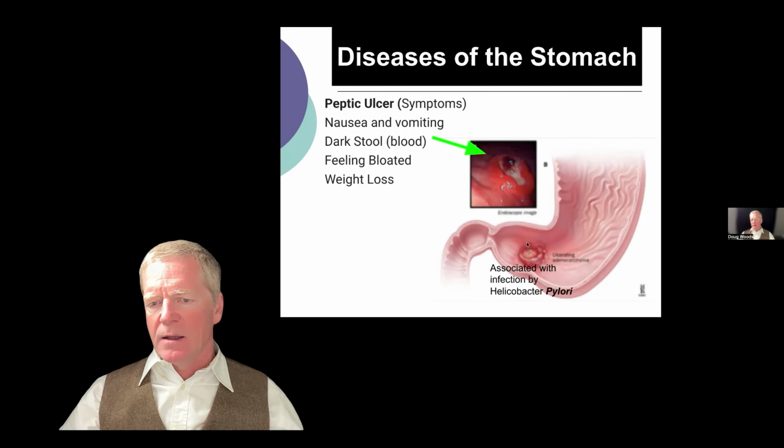And then as that blood goes through the gastrointestinal tract, it goes from red to black as it oxidizes, and that'll show up as red or black stool. A peptic ulcer can also make you feel bloated, and often results in weight loss because of the pain associated with eating.